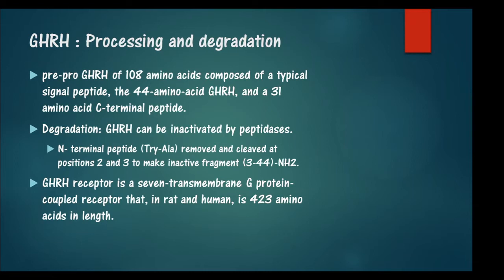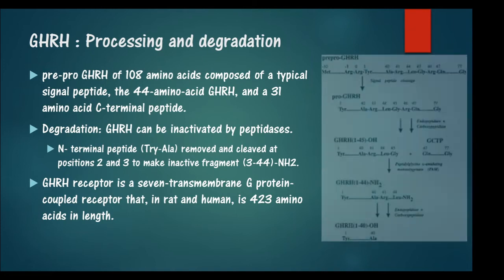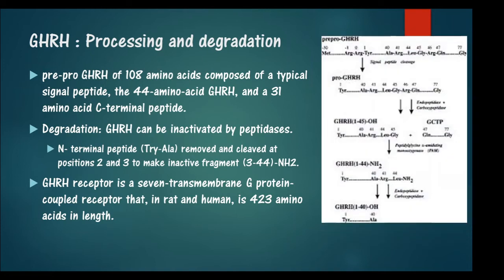GHRH can be inactivated by peptidases, with the N-terminal tyrosine alanine removed, cleaved at positions 2 and 3 to make the inactive fragment 3 to 44 amino acids. And the GHRH receptor is a 7 transmembrane G protein coupled receptor that is 423 amino acids in length.